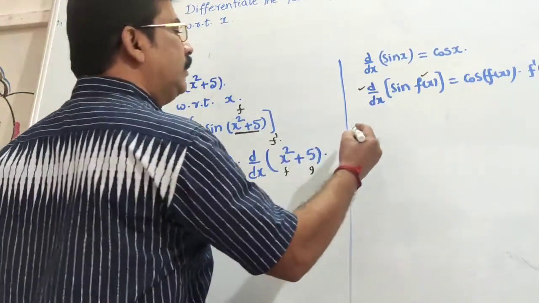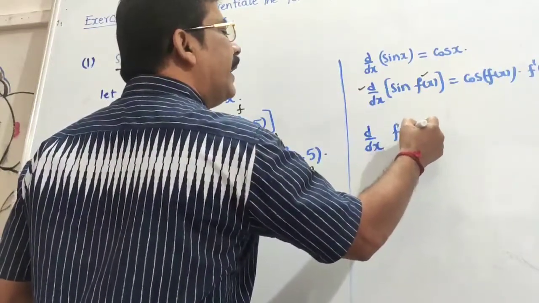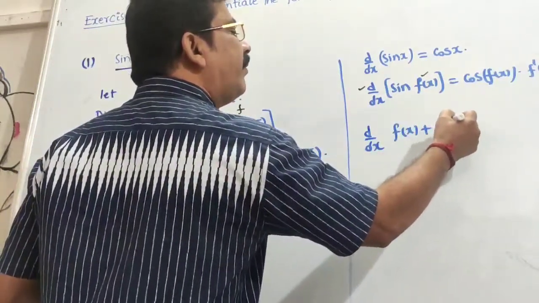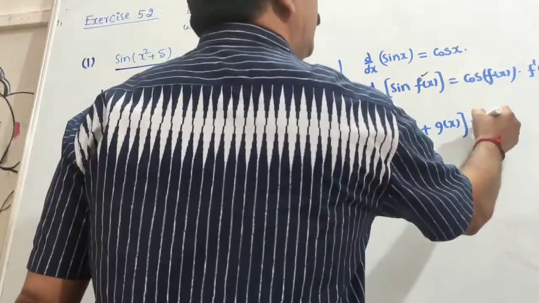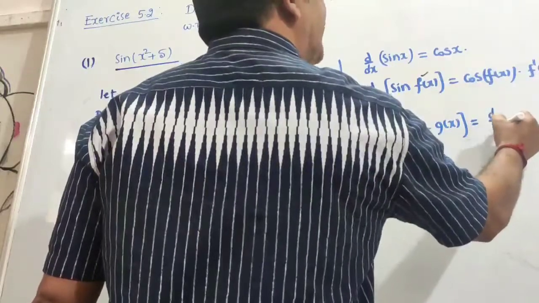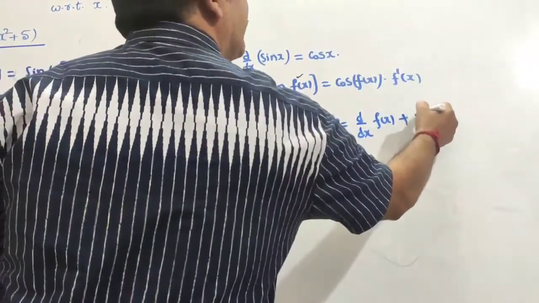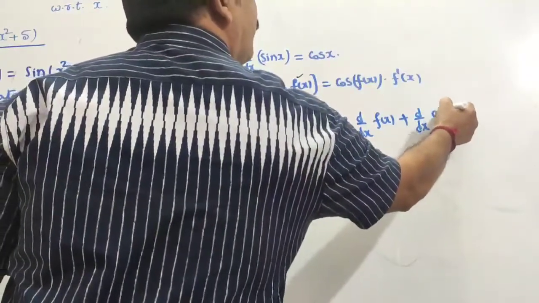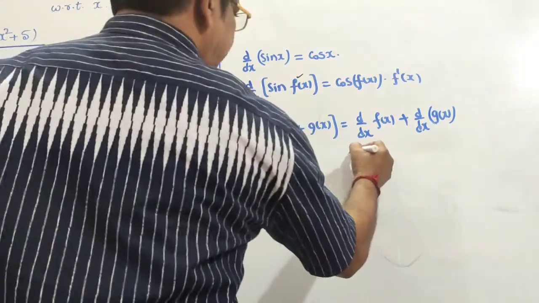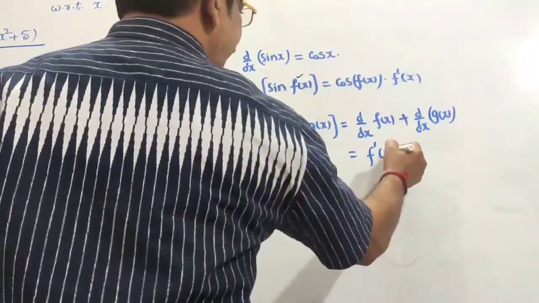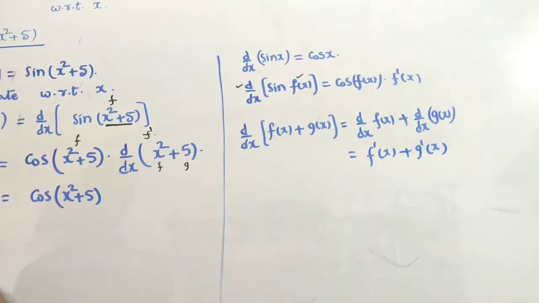So the standard formula: d by dx of f of x plus g of x equals simply d by dx of f of x plus d by dx of g of x, or simply f dash of x plus g dash of x, like that.